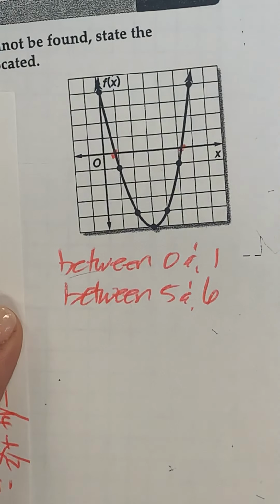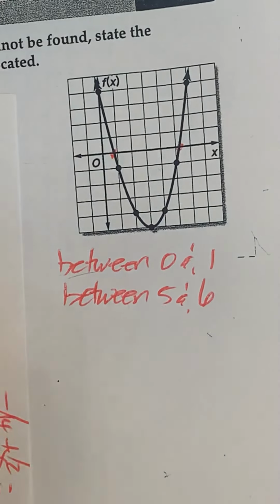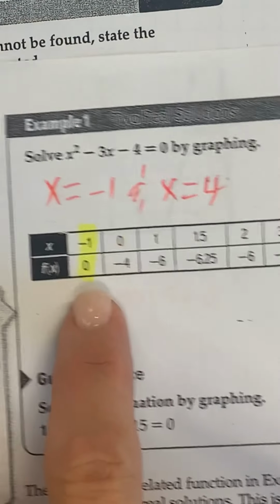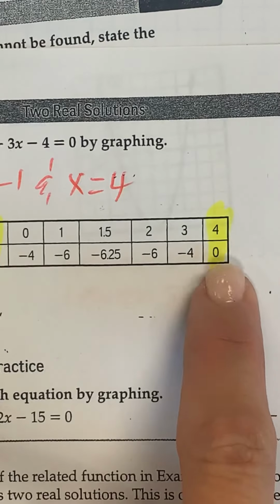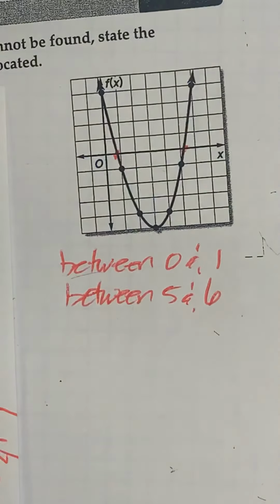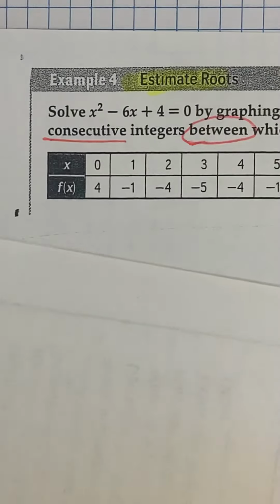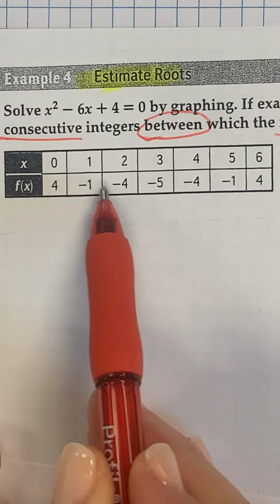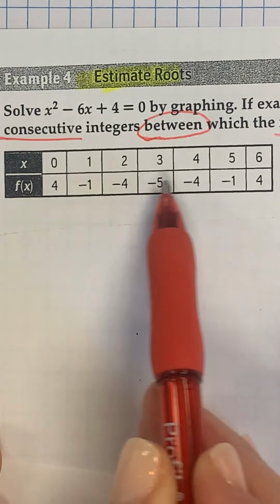Okay, well, how would that look if we were looking in the table? Remember last time we looked for the zeros in the y. Okay, so let's look over here. Look at this table. Do we have any zeros in the y anywhere? We don't.